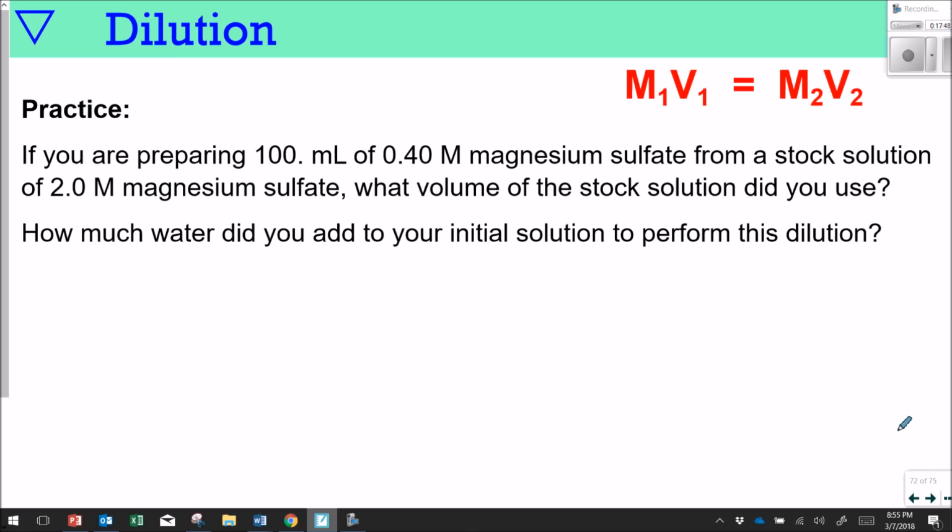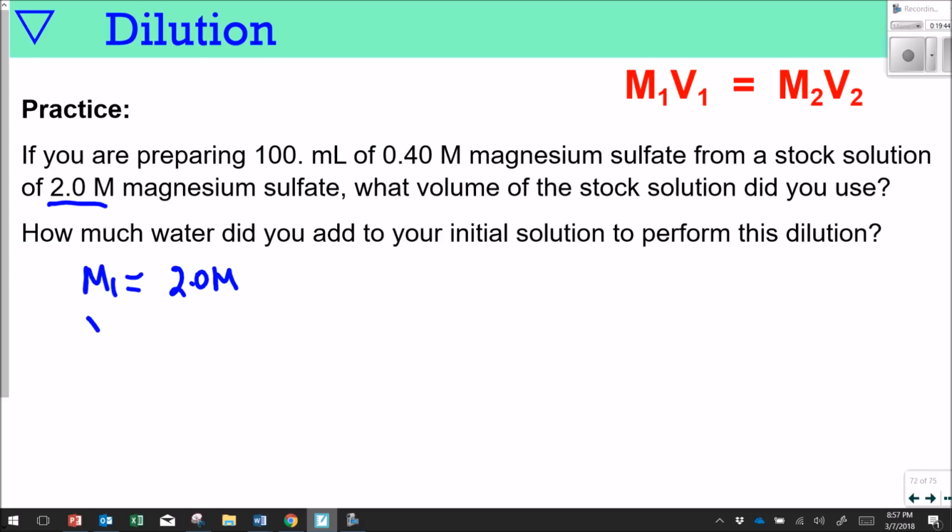If you are preparing 100 milliliters of 0.4 molar magnesium sulfate from a stock solution of 2 molar magnesium sulfate, what volume of the stock solution did you use? And then how much water did you add to your initial solution to perform this dilution? So we have M1, which is the molarity of our stock solution, so that is 2.0 molar.